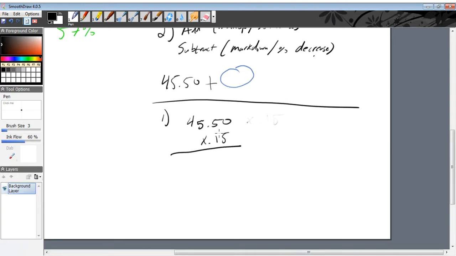Now, a lot of these decimals are going to be confusing. But one way that I kind of like to do it is actually move the decimal place 2 over here and 2 over here to make it 15 times 4,550. And just make a note here that I have to move the decimal place 4 places. So once I get my product, the answer to this multiplication, then I have to move it 1, 2, 3, 4 back in the other direction because I moved it 2 places in this direction.